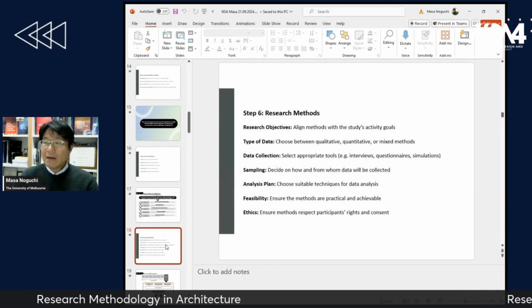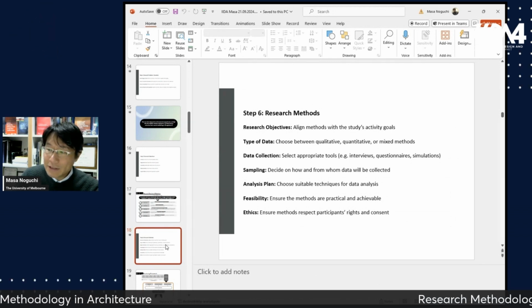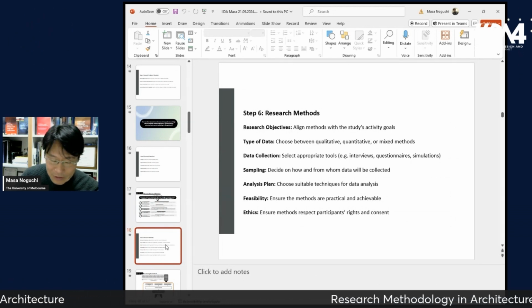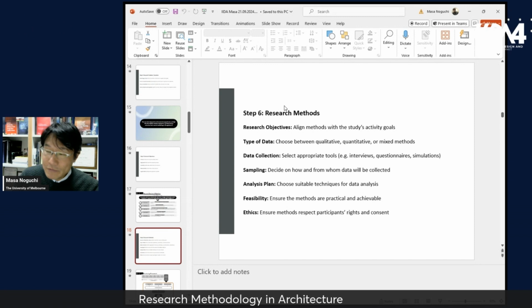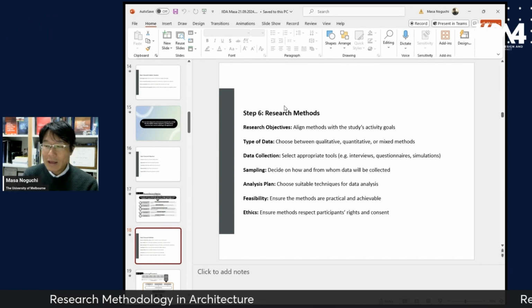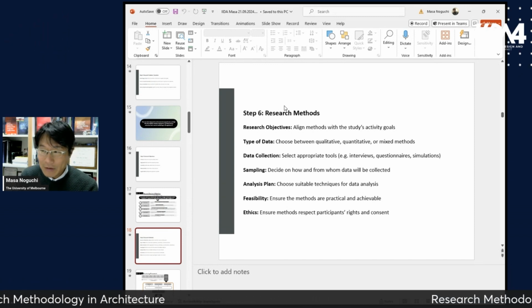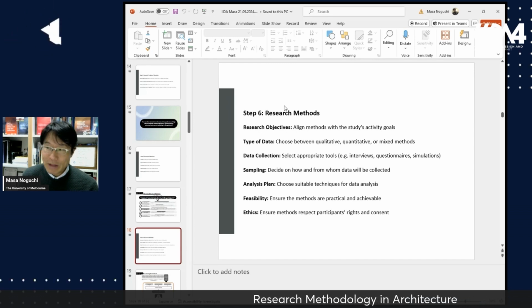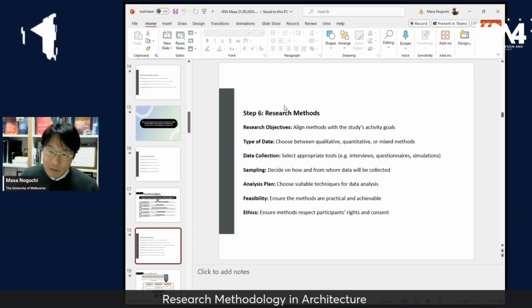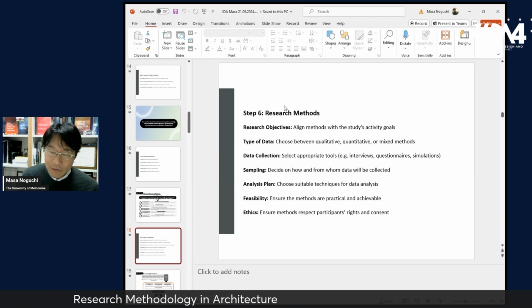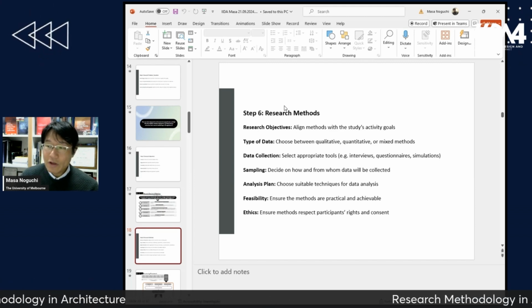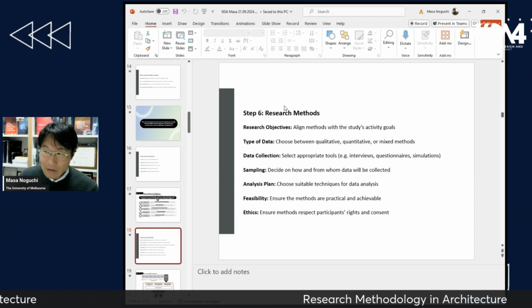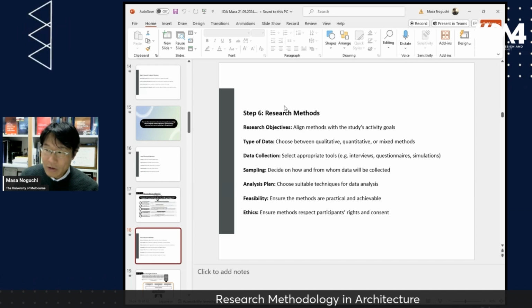Okay. Next stage is the research method. Very beginning, I showed one slide on the differences between research methodology and research methods. Research methodology is more of a philosophical framework, as opposed to research method, which is more practical techniques, tools, and procedures.